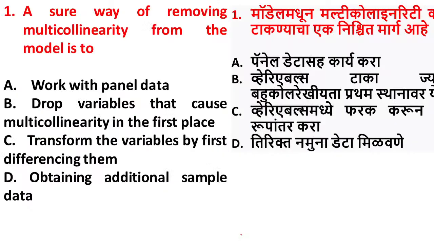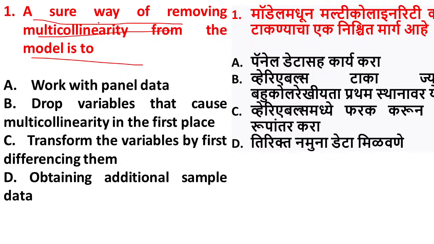So friends, let us move to the questions here. The first question is: a sure way of removing multicollinearity from the model is to: option A, work with panel data; option B, drop variables that cause multicollinearity in the first place; option C, transform the variables by first differencing them; option D, obtaining additional sample data.